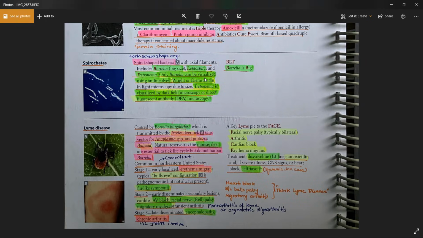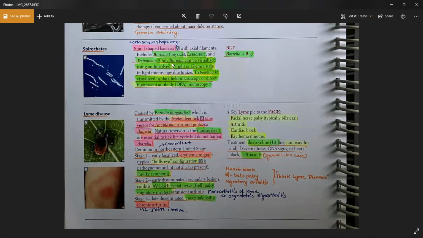You use Wright staining or Giemsa staining to identify these organisms, very important. Treponema can also be identified using dark field microscopy or the direct fluorescent antibody test. These are very specific tests for the spirochetes and Treponema.